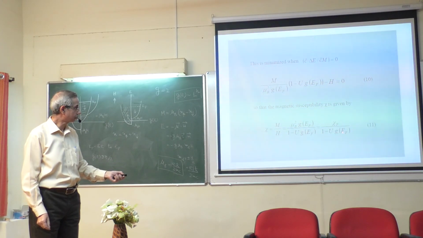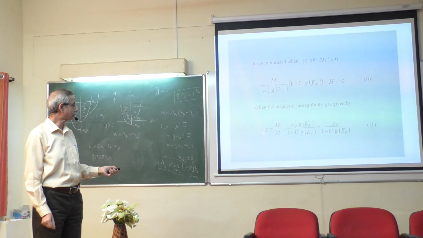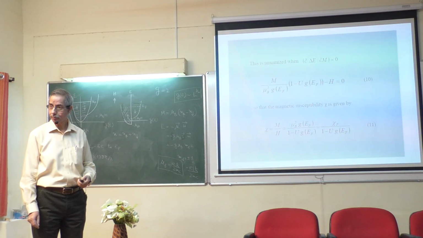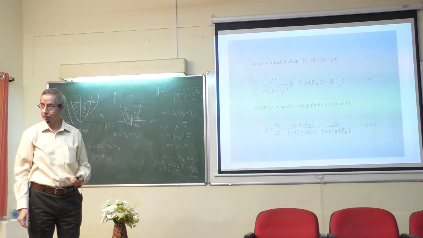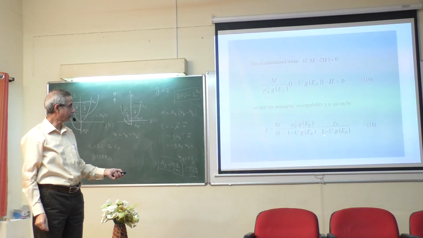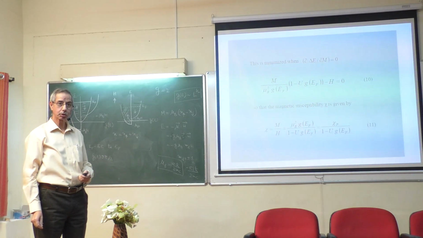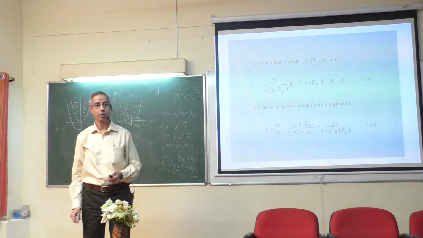When this product comes closer to 1, this starts going up. The value will shoot up. Understand? This is called the Stoner enhancement factor. This factor, 1 divided by this, is called the Stoner enhancement factor, because it enhances the Pauli susceptibility.